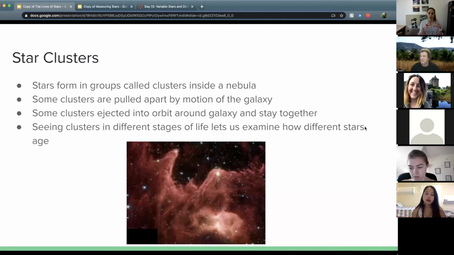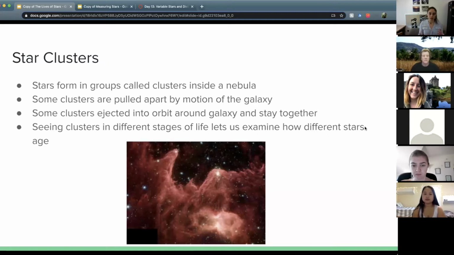So if you find a group of stars all together, they formed out of the same cloud of gas, and that means they all formed around the same time and are all going to be the same age. So we can use star clusters to look at how different spectral classes of stars age, because we know they're all the same age in that cluster.